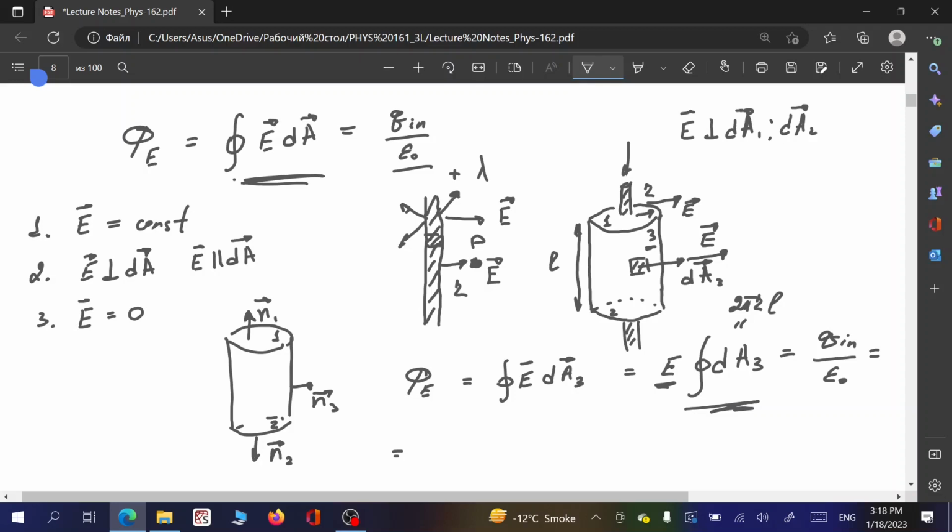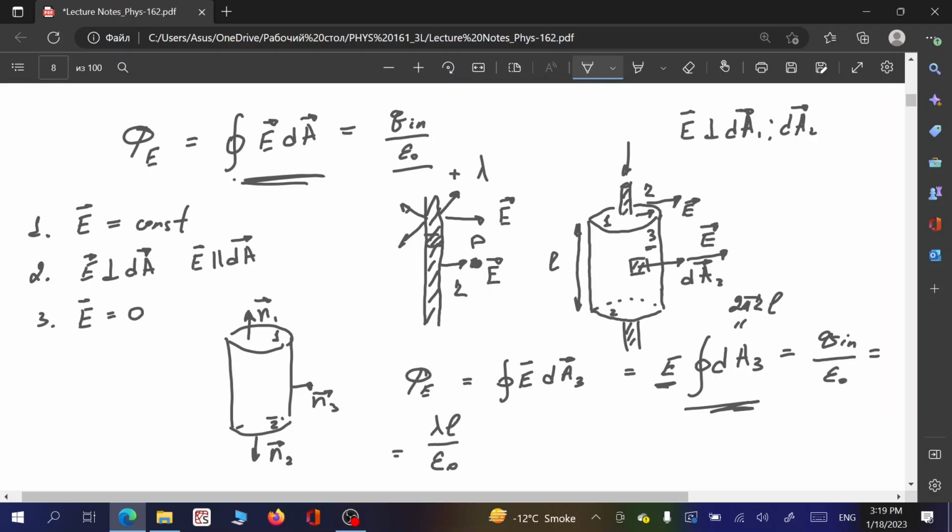If we multiply these two parameters, we get the total charge enclosed in this surface. So this will be lambda times L divided by epsilon naught.